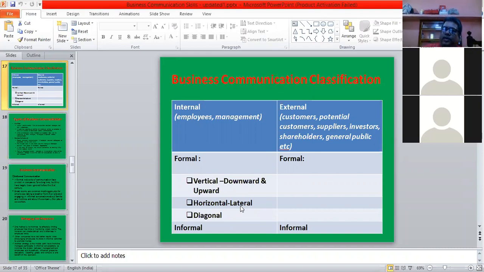So we have a manager in the sales department having an interaction with another manager in the sales department. In fact, this can go beyond the departments. A manager in production can have a word with a manager in sales. They may be discussing the quality expectations of the customer, and that could be a very fruitful cross-functional communication, because it's the marketeer who is facing the customer. He knows what the customer wants.